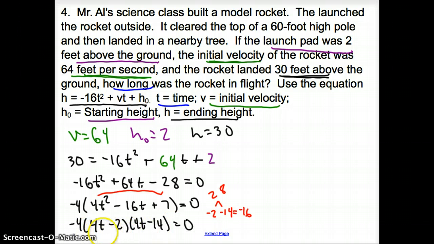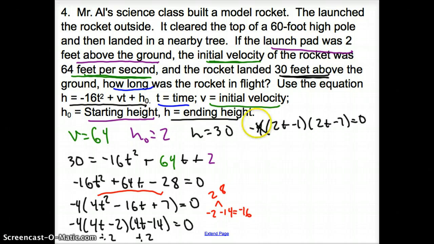But what do I have to take out? I have to take out a total of 4, so I'm going to take out a 2 here and a 2 here because 2 times 2 is 4. So I'm left with negative 4 times 2t minus 1 and 2t minus 7, that equals 0.